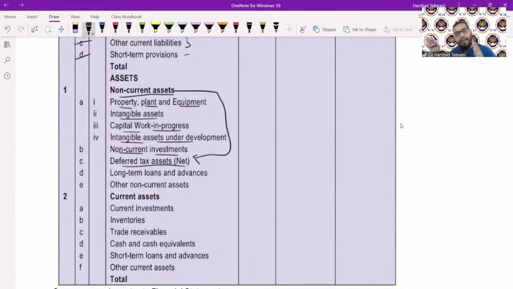So deferred tax is either a non-current liability or a non-current asset based on your net position. And then long-term loans and advances and other non-current assets. So this is overall the non-current assets heading, and these are the subheadings that are required to be shown. Now let us discuss each one by one. What will be the items under each category?